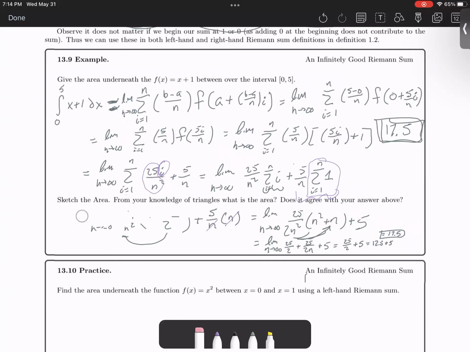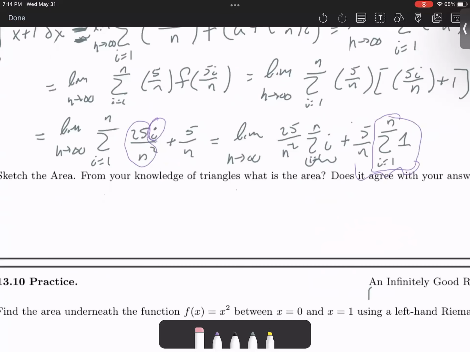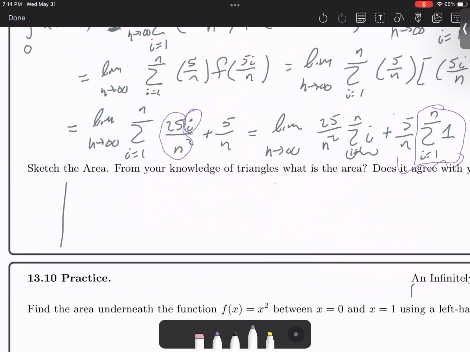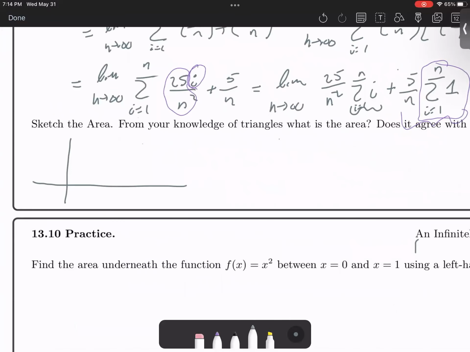And let me get rid of this work, because now I want to answer the second part. Sketch the area. And from our knowledge of triangles, what is the area? Okay. So the function is x squared. No, it's just simpler than that. x plus 1.